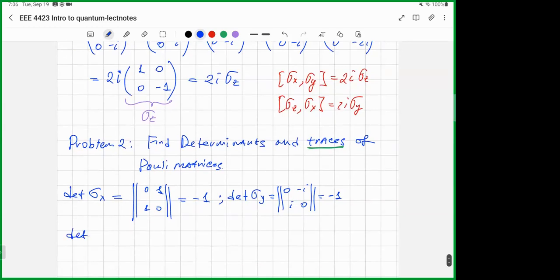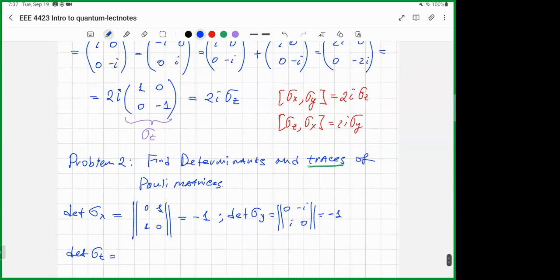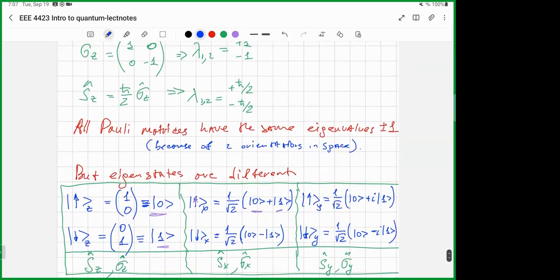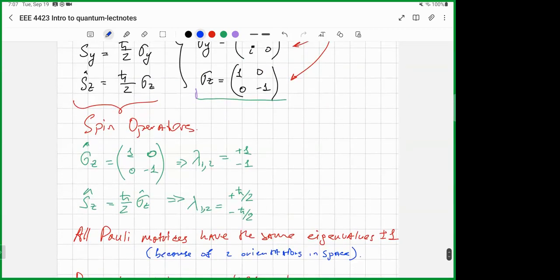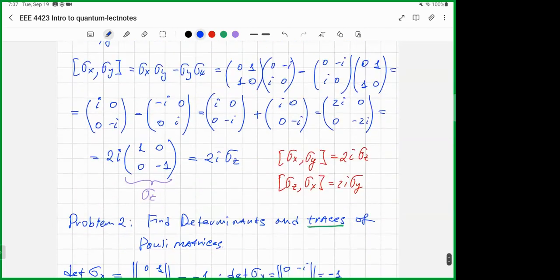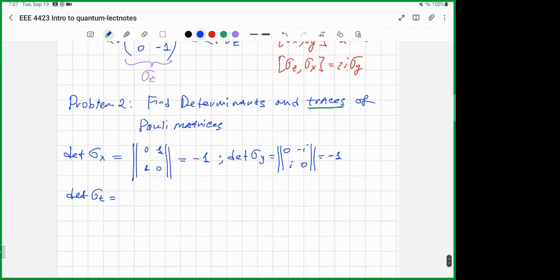And for the determinant of sigma z, it's 1 times minus 1 minus 0, so it's also minus 1. So the determinant of any Pauli matrix is minus 1.